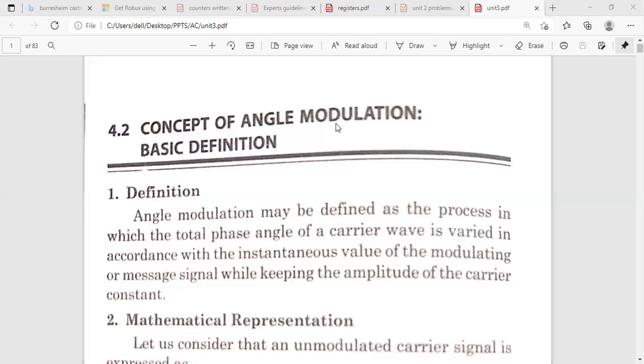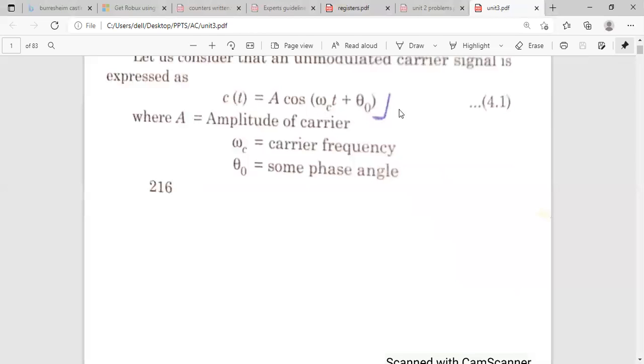So how can we represent the carrier signal mathematically? We can represent C of t, which consists of frequency and some phase angle theta. What we call the total angle of the carrier. Here we take the carrier frequency, and along with that carrier frequency we have some phase angle. The total angle of the carrier will be varied in accordance with the instantaneous amplitude of the message signal.